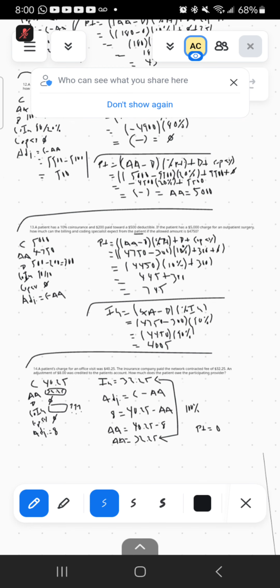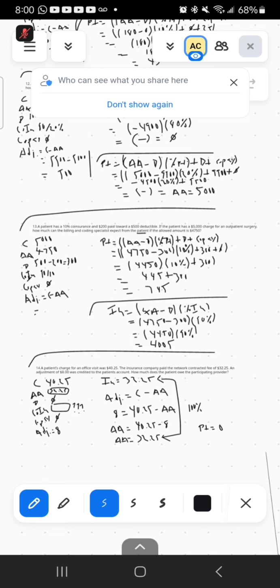Anyone does not see the board? I'm still not seeing, only thing I see is highlights around it. Okay, I'm writing on number 13.